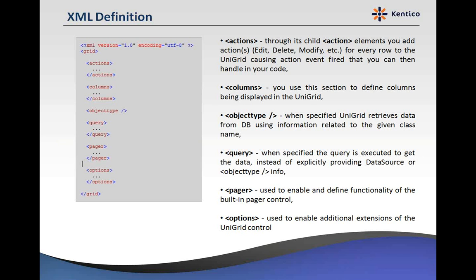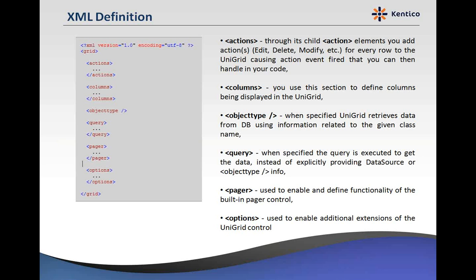If you're not going to use the query for retrieving the data, you obviously won't need to include the query section. Or if you're not going to modify the default behavior of the pager, you don't need to include the pager section. However, these are all available for you, so you can manipulate the UniGrid behavior through these sections.